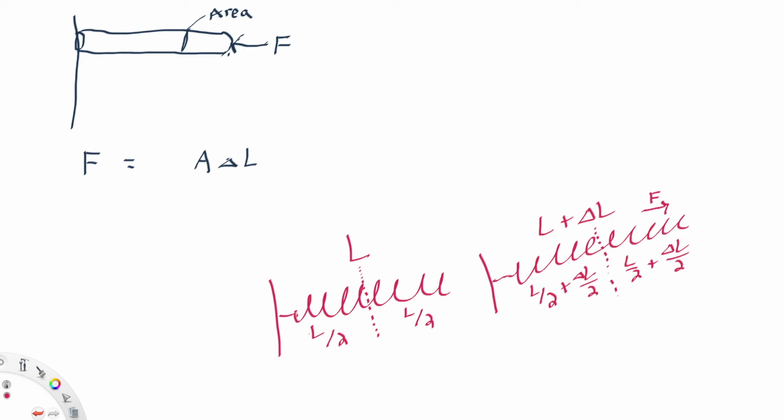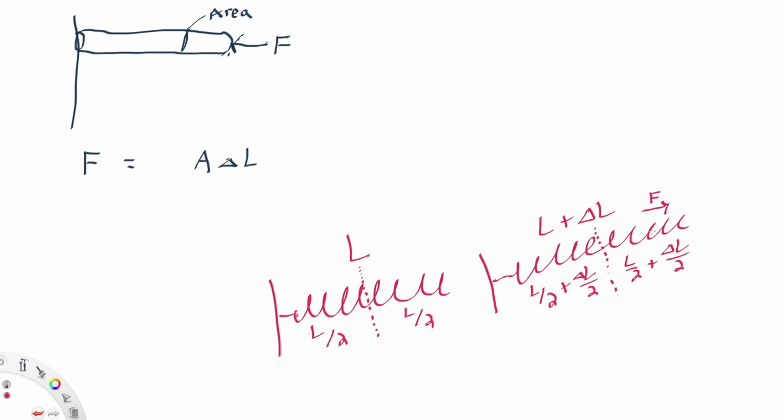All right, so we got about a 60% response rate. Most people are saying the same everywhere. And yes, it is the same everywhere. So imagine if we had this spring split in two, and the front half was under higher tension than the back half.